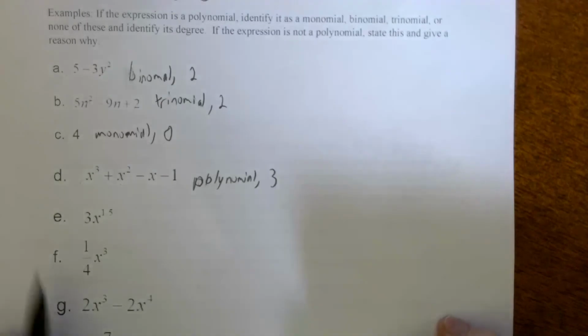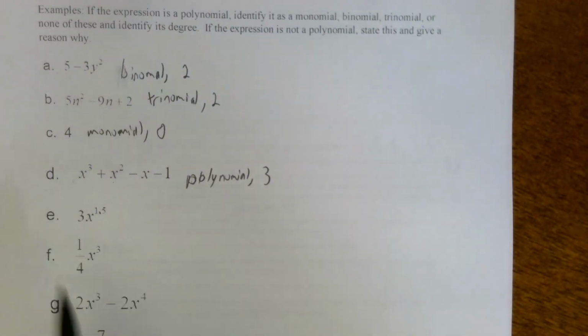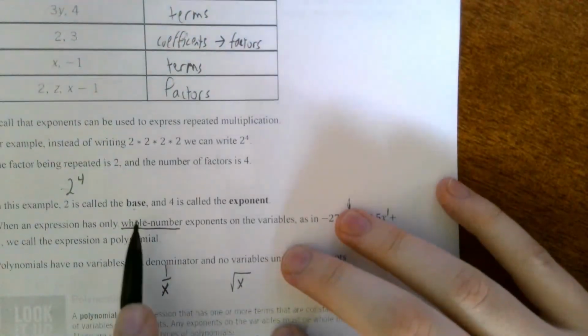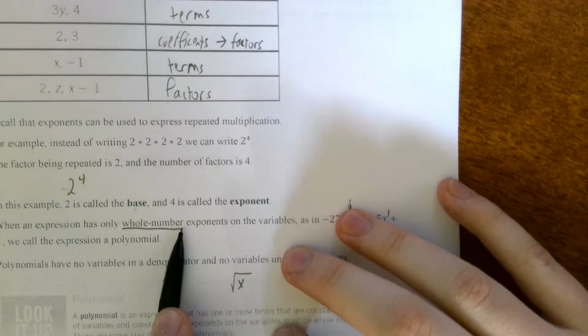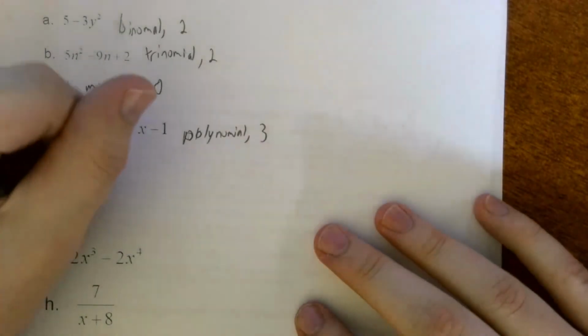Okay. The next one is 3x to the 1.5 power. So this one, is this a polynomial? Well, if we go back and look at the last page, one thing that I made sure that I mentioned is that it has to be a whole number exponent, right? And 1.5 is not a whole number. So we know that this one is not a polynomial.